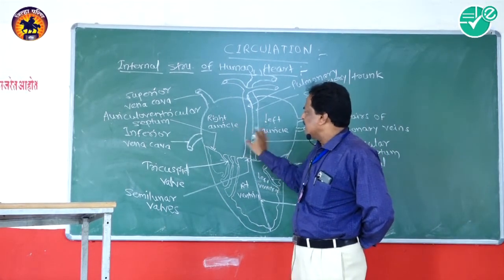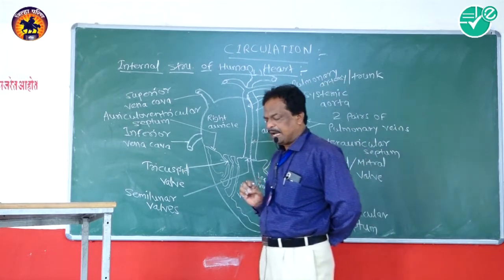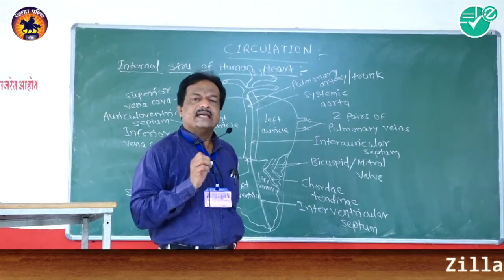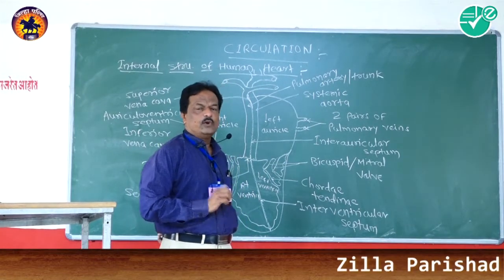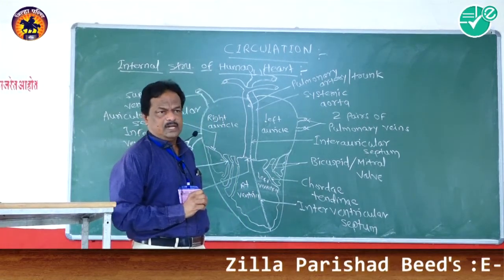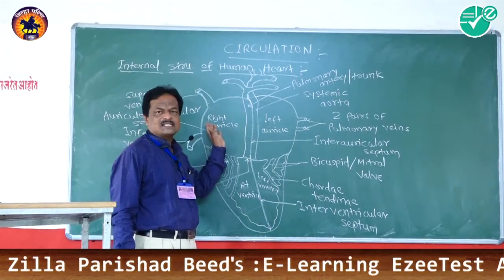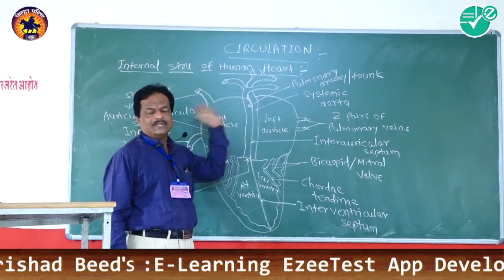The auricular chambers, which consist of right auricle and left auricle, are the receiving chambers, which receive the blood coming from different parts of the body and from the lungs.